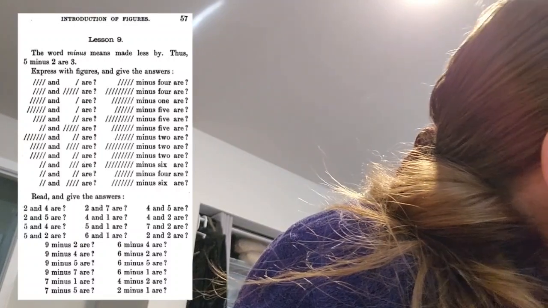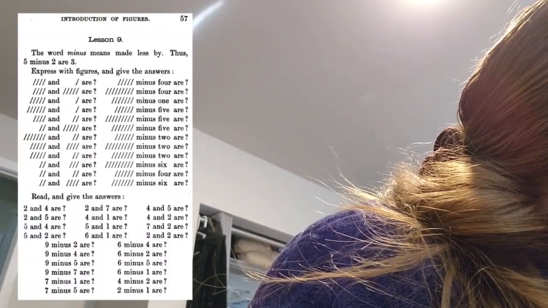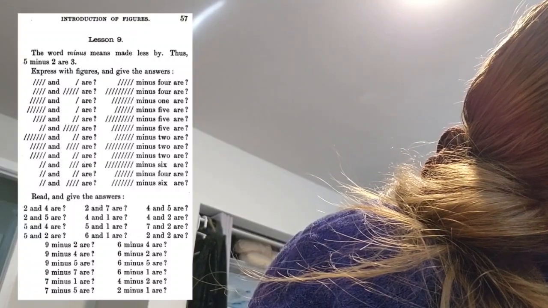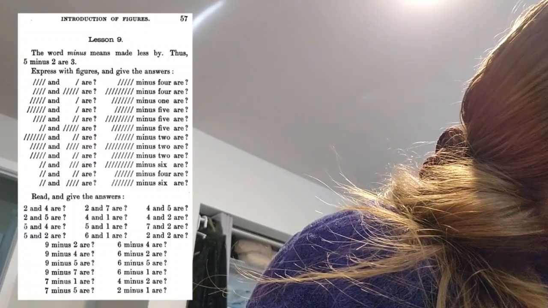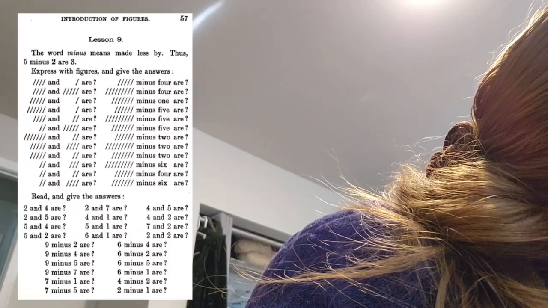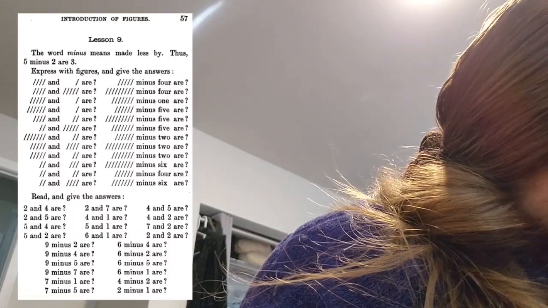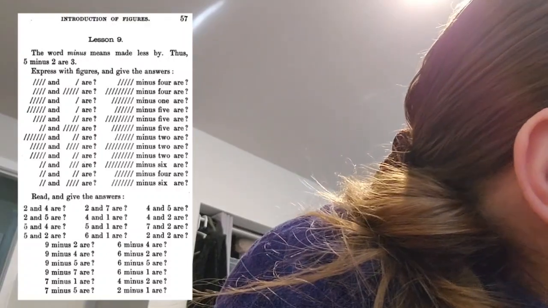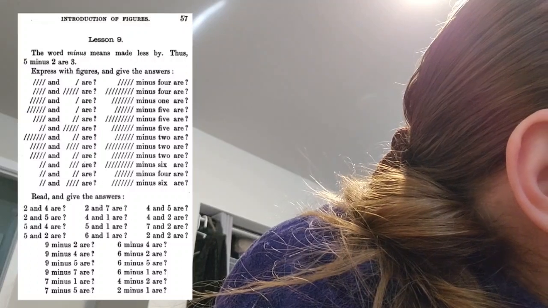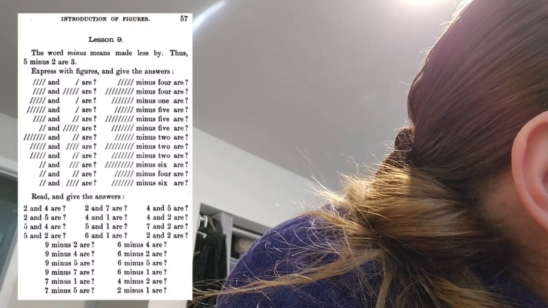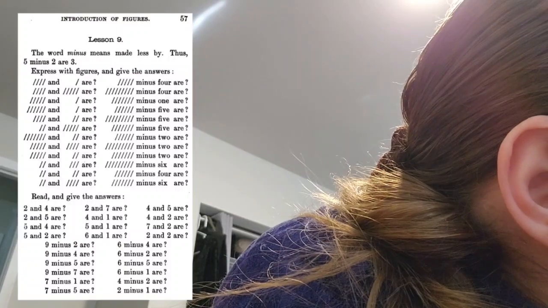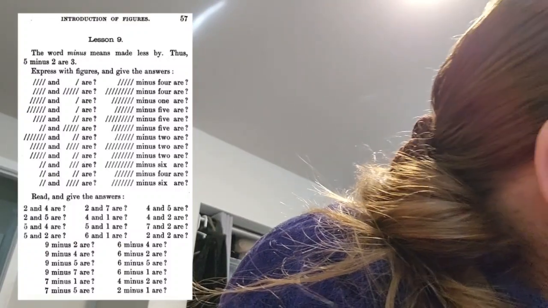I'm going to move over to the right. 2 and 7 are 9. 4 and 1 are 5. 5 and 1 are 6. 6 and 1 are 7. Again to the right. 4 and 5 are 9. 4 and 2 are 6. 7 and 2 are 9. 2 and 2 are 4.